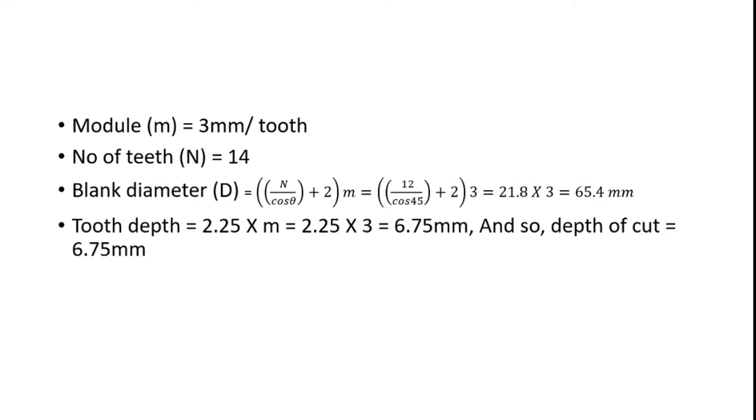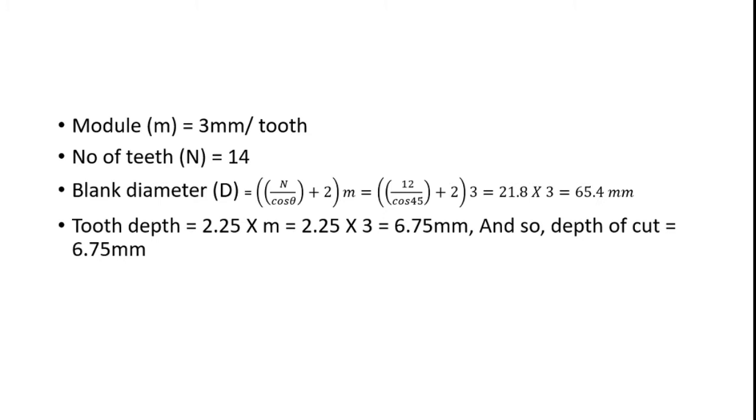Here n is the number of teeth and m is the module. According to this problem, 14 teeth, 45 degree helix angle, and 3 mm module, I got 65.4 mm as the blank diameter.